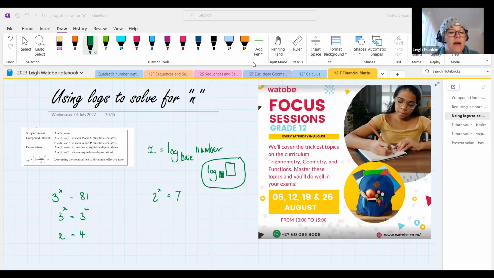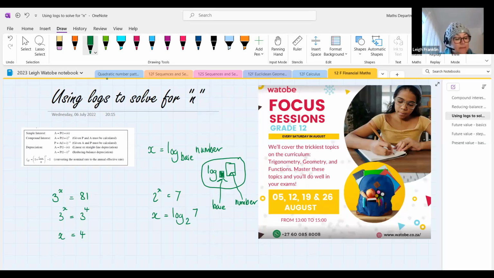Cool. Okay. So what we have to do is write the step where we show that we're using logs. So to solve for x in this case, we would say x equals log. Our base is what goes in there, and our number goes over here. So our base is 2 and our number is 7.